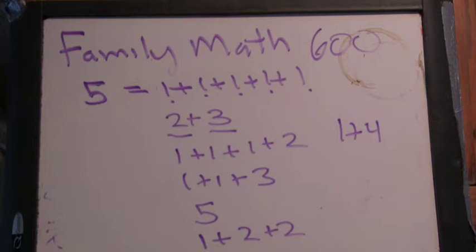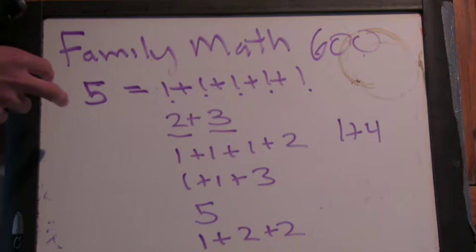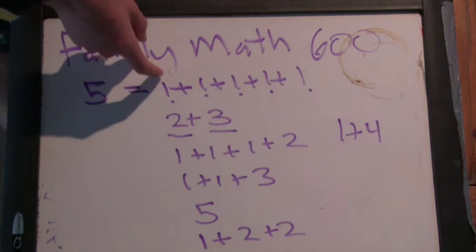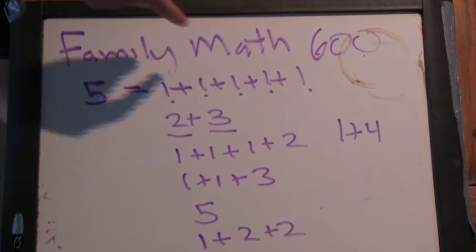I don't think there's any more than that. Let's see. Yeah, I think that's all of them. Why do you think that's all? We used all the ones with just 1 plus 1 plus 1 plus 1.